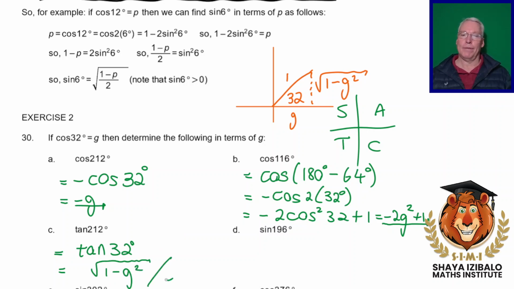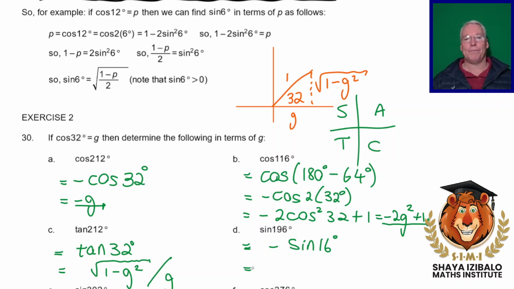over g. Okay, sine of 196. Well, 196, we're actually in quadrant 3 by 16 degrees. This is going to be the same as the negative of sine of 16 degrees. Okay, now sine of 16 is actually half of 32 degrees.